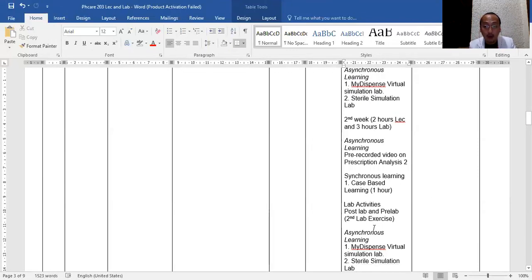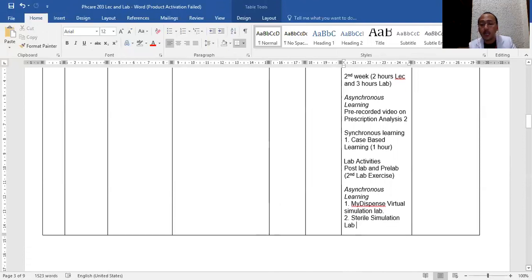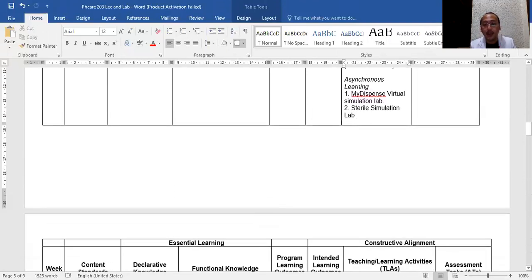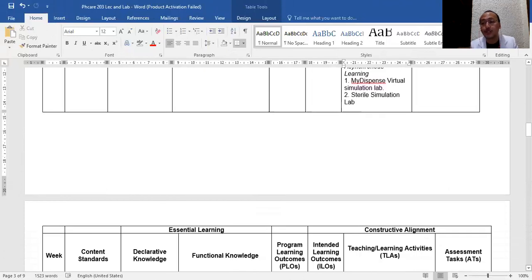Added to that, we're going to use a sterile simulation laboratory, which is very important for all of us, for asynchronous learning. And I think we're going to use our pharmacopoeia as part of our sterile simulation laboratory.